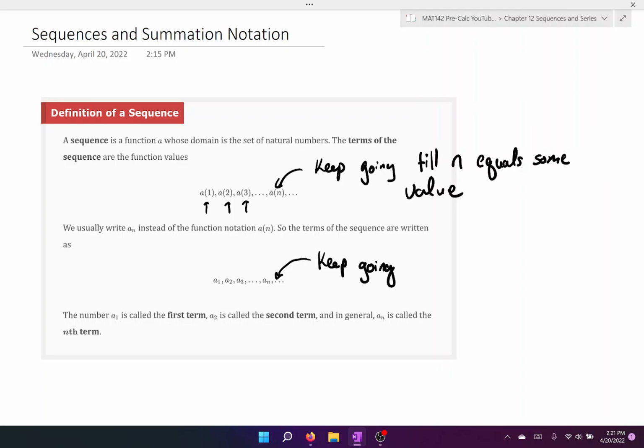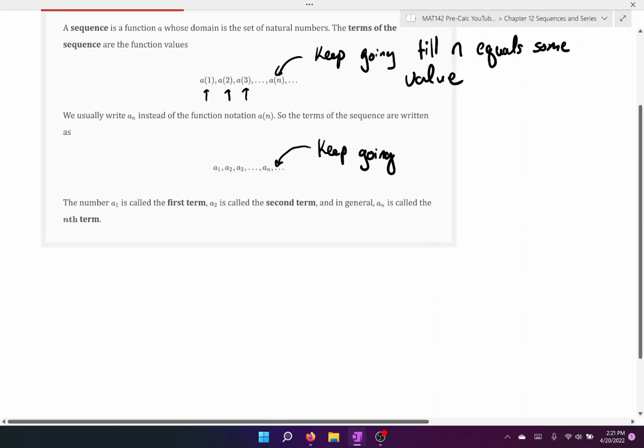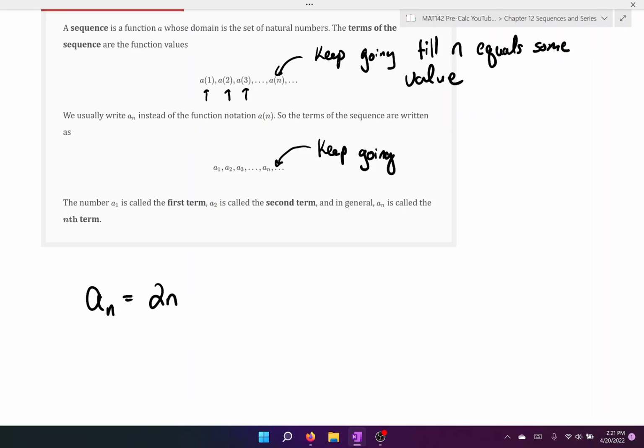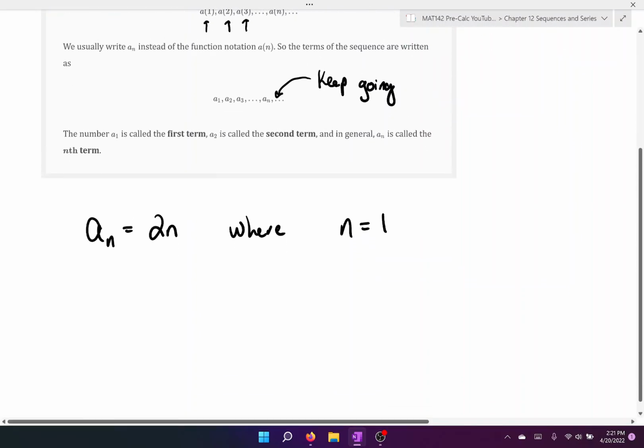Now, you've actually looked at a bunch of different sequences before. The most famous one, even your book goes over this, is the simple sequence where A sub N equals 2 to the N, where N equals 1. So A1 is going to equal 2 times 1, which is 2.